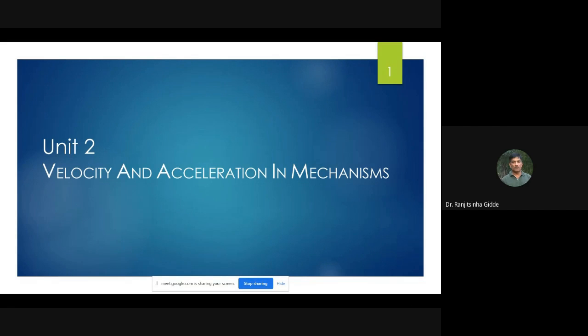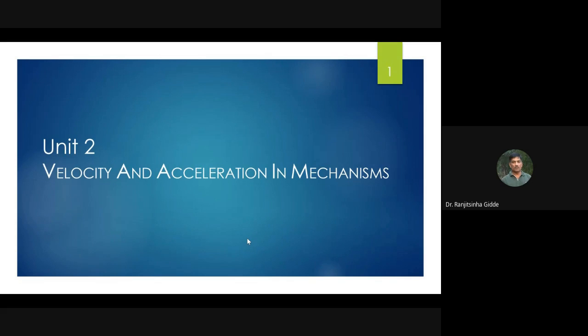In unit number 1, that is simple mechanism, we have studied different mechanisms, wherein with respect to the 4-bar mechanism, we have seen that when one link is fixed, we can have a particular constrained motion.